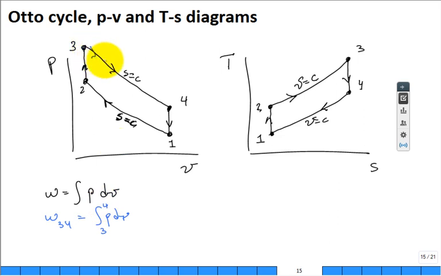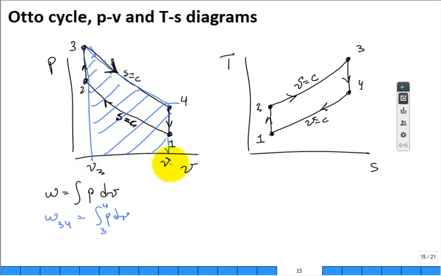That's this. Is that work from 3 to 4 the area under the curve from 3 to 4? It sure is. Now, because we're moving in a direction, again, I'm going to try and show it. This direction, I'm moving from v3 to v4, from a smaller v3 to a larger v4. I'm moving in the right direction.